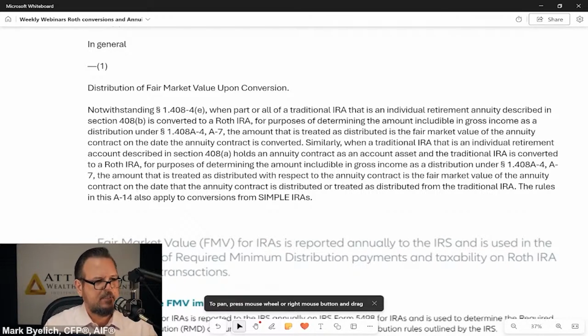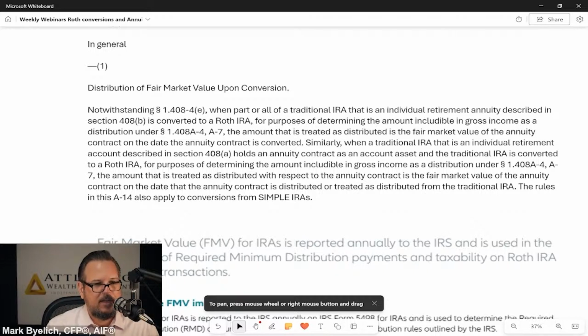Notwithstanding the section, that's subsection 1.408-4(e), when part or all of the traditional IRA that is an individual retirement annuity described in section 408(b) is converted to a Roth IRA for purposes of determining the amount includable in gross income as a distribution under 1.408A-4(a)(7), the amount that is treated as distributed is the fair market value of the annuity contract on the date the annuity contract is converted.